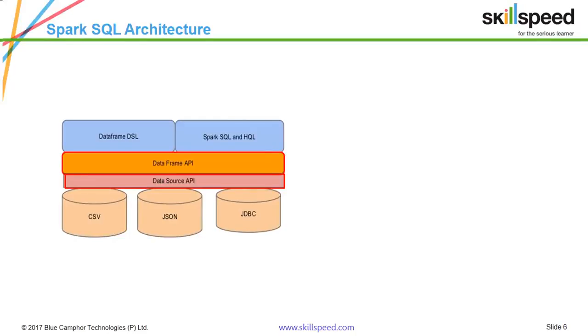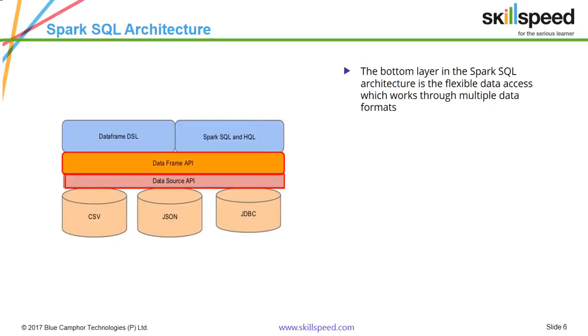Now, if you look at an overall architecture of Spark SQL, you can fairly understand that the first problem that we are going to deal with is to access the data. Whatever SQL query you want to run, you should have the data first. That means the Spark SQL library should have a very strong method to access data from different sources.